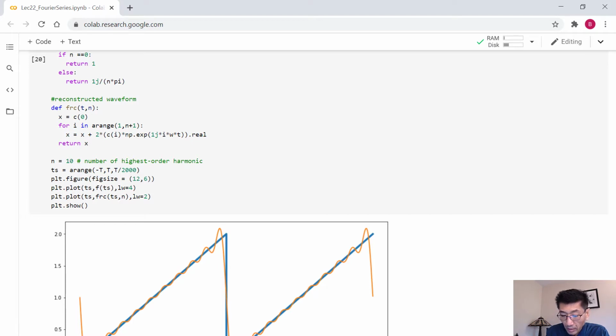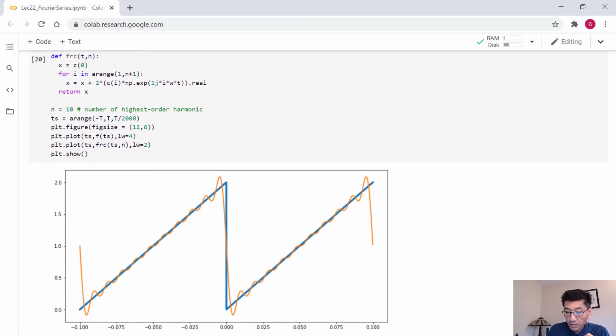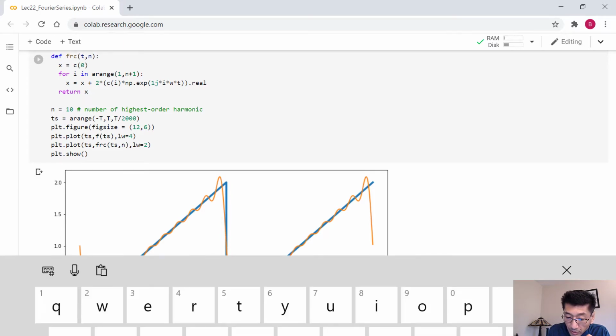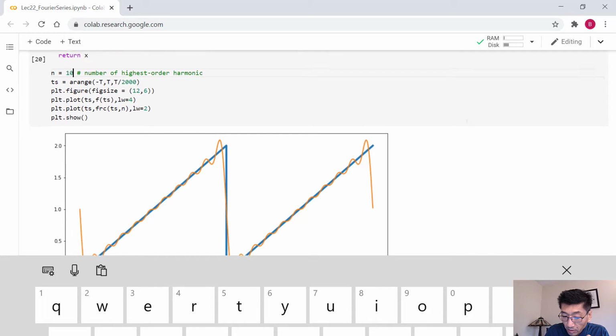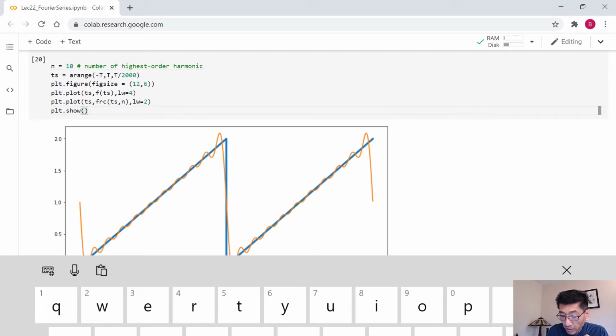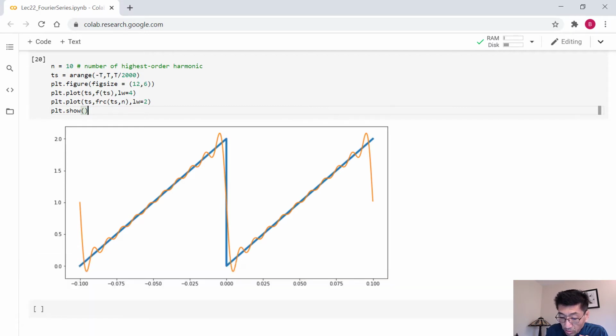Right now I have n equal to 10, and this is how close we are approximating the original sawtooth waveform, right? It goes from 0 to 2, and if you want to find the detail of how I plot this, I'm basically using the arctangent to get this function plotted.